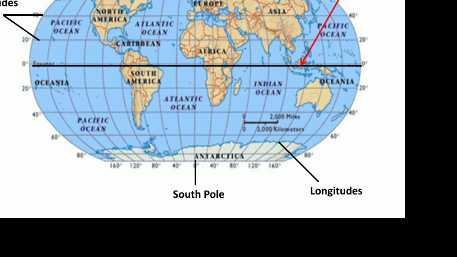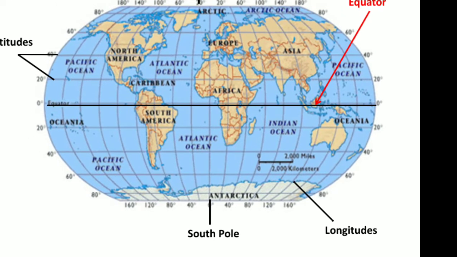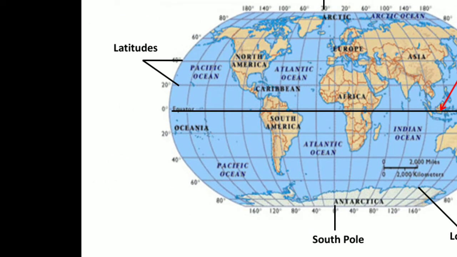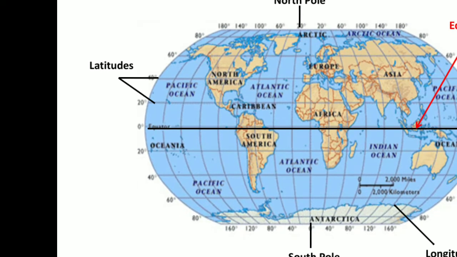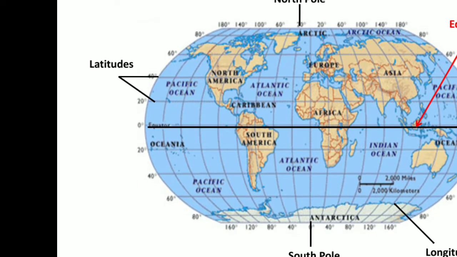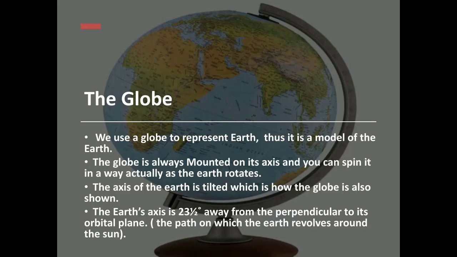And can you see the lines denoting the long lines, which run from the North to the South Pole, and latitudes running from the eastern hemisphere to the western hemisphere, or western hemisphere to the eastern hemisphere.